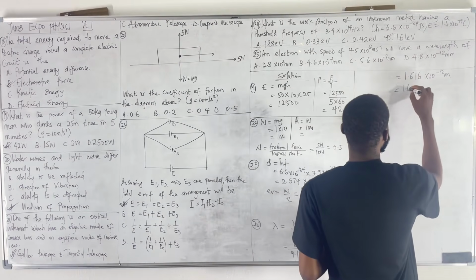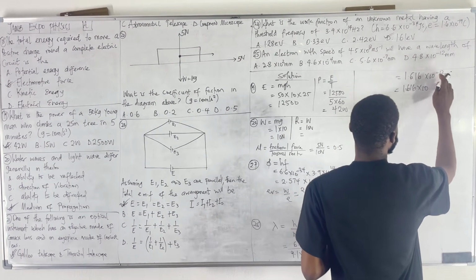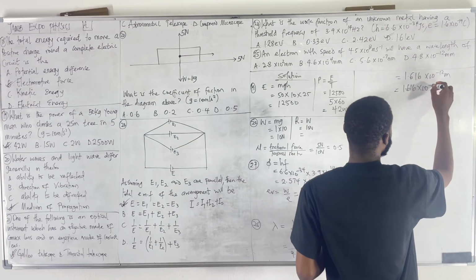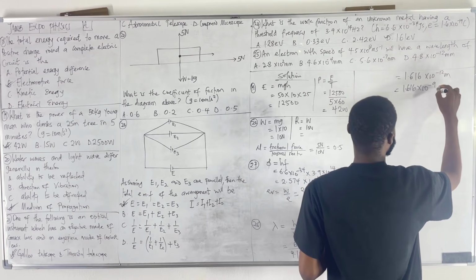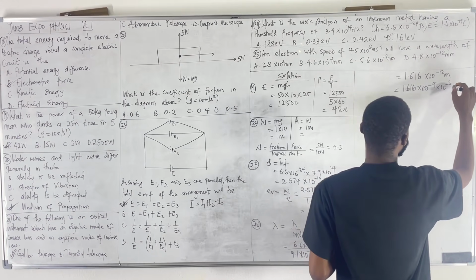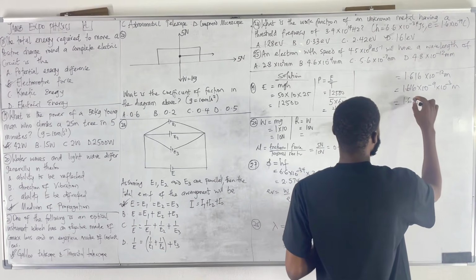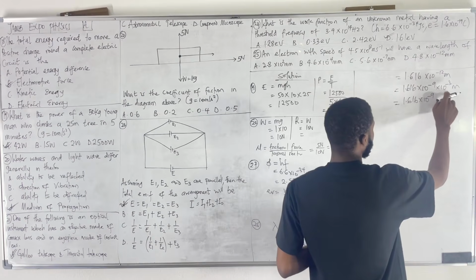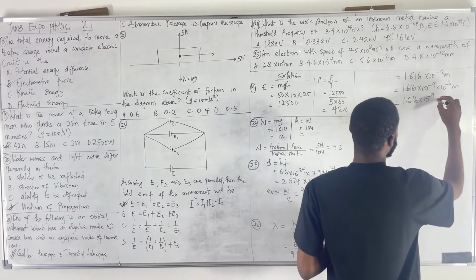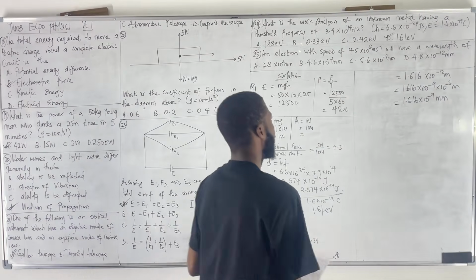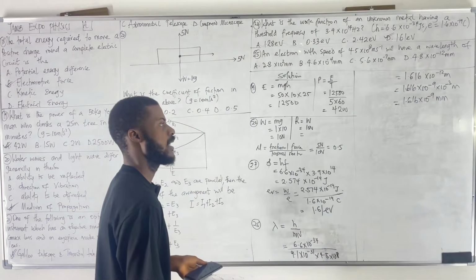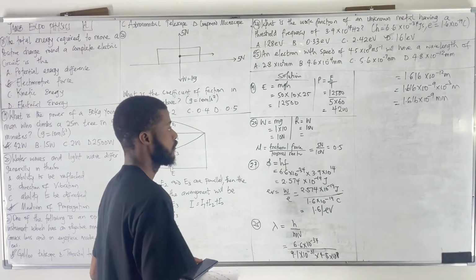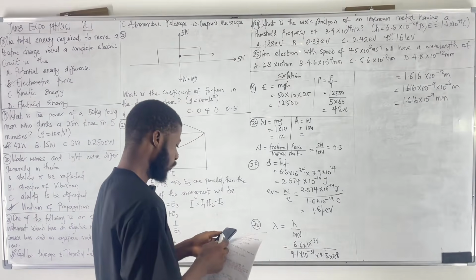So this will be 1.616 times 10 to the minus 12, which I can split into minus 9 times 10 to the minus 3 meters. So this will become 1.616 times 10 to the minus 9. Now, this very value here, 10 to the minus 3, would then become millimeter. And as you can see, none of the options fits that. That's the problem. That was what I got. None of the options would fit it. So let's just move on.